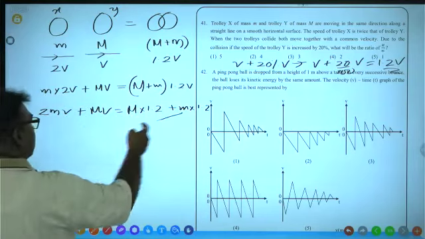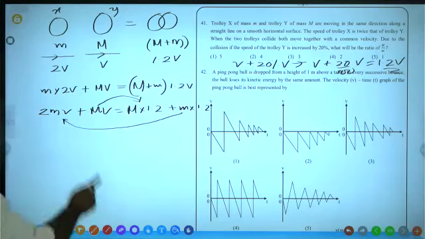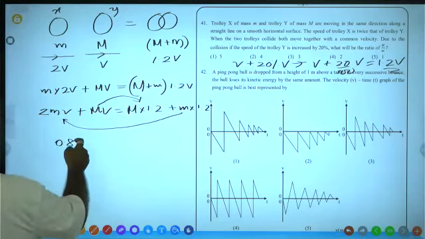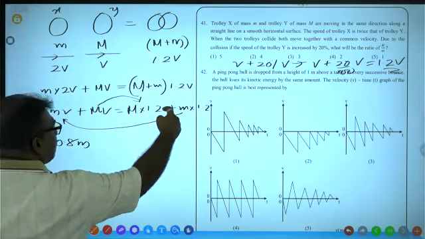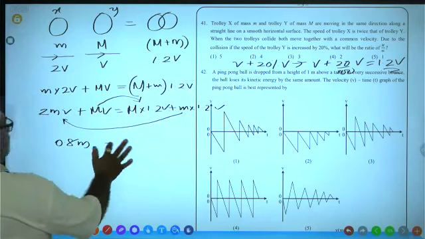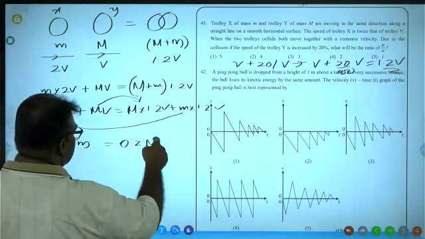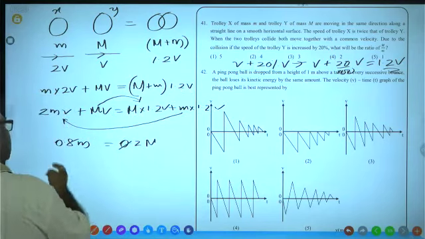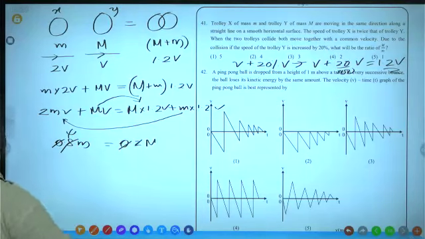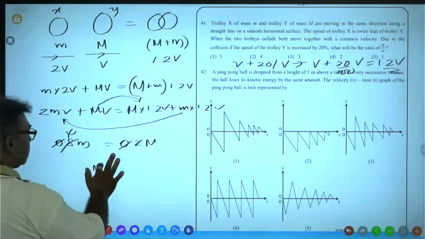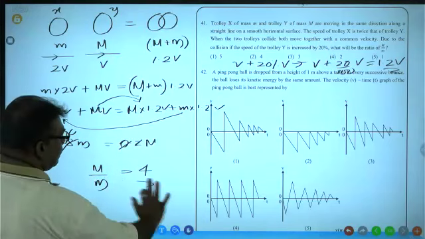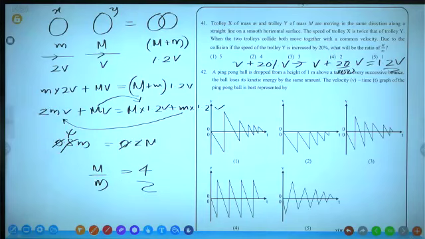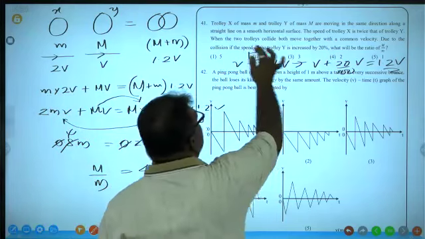Taking this to this side and this to the other side, we cancel the small m terms. Then we get 0.2 capital M equals 0.8 small m. You can cancel the decimals, 8 twice and 1 twice 4. What they are asking is capital M over small m, no? Then the answer is 4. Take the final answer, the second one. Okay.